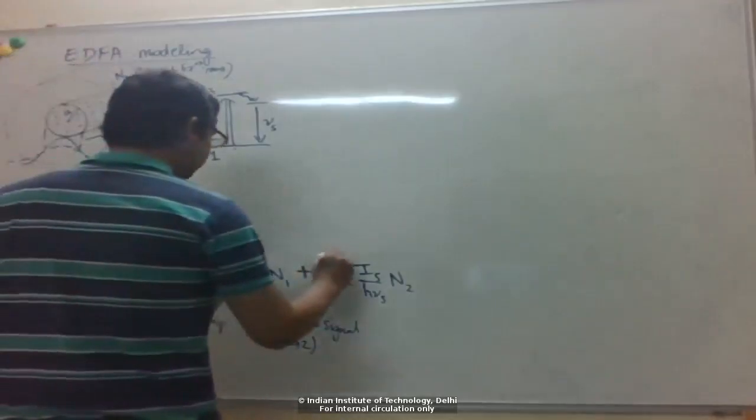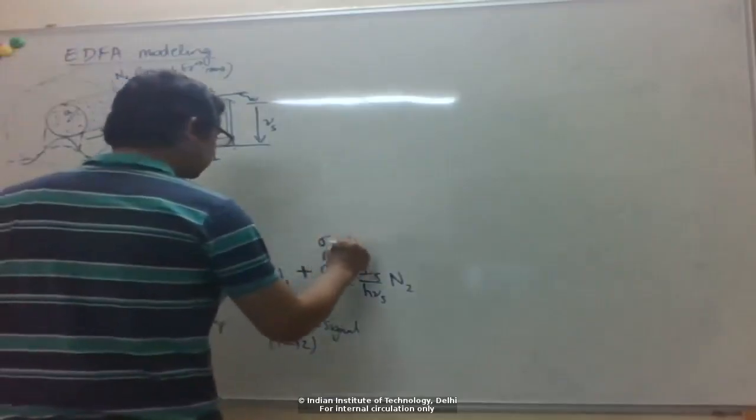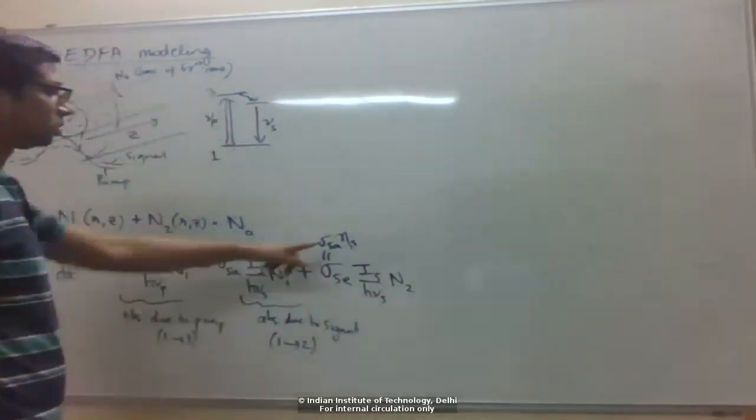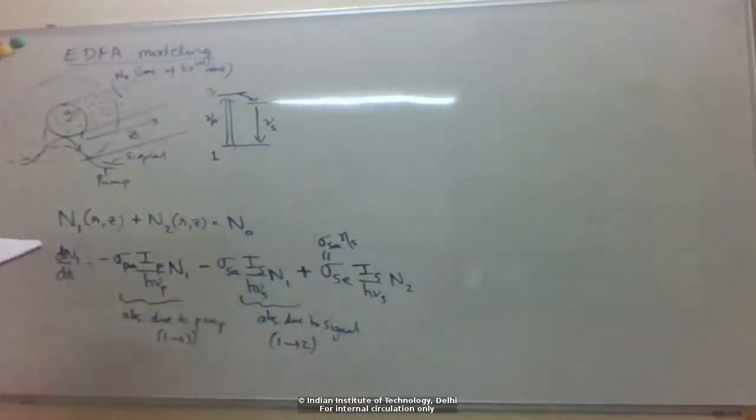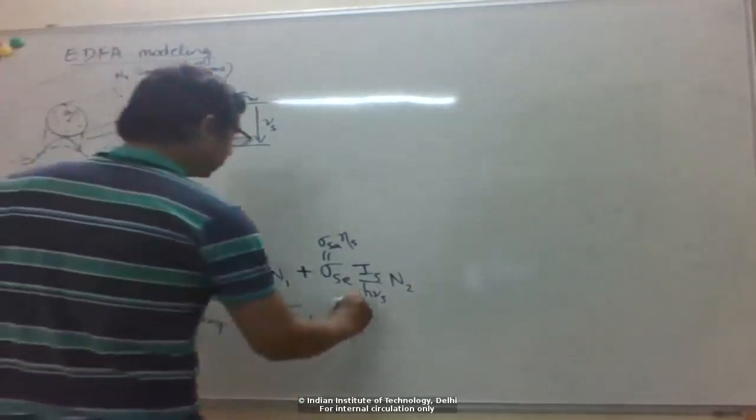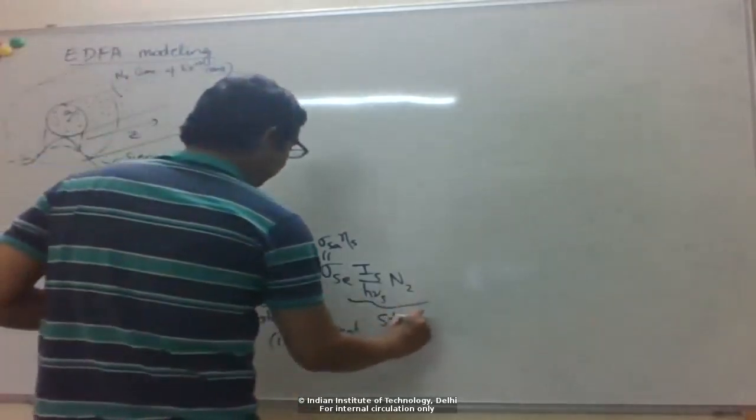Okay, so this emission cross section we can write as the absorption cross section times this factor eta s, so the ratio of the emission to the absorption. So this is stimulated emission.